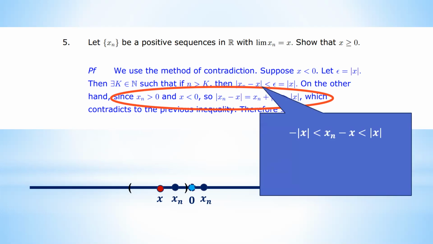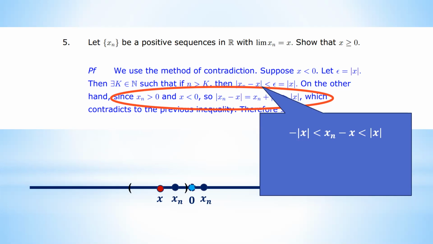So what you do is you look at this first inequality, the inequality with the absolute value sign. The absolute value sign can be removed. Once you remove the absolute value sign, you create two inequalities, right? So you have xn minus x less than the absolute value of x.